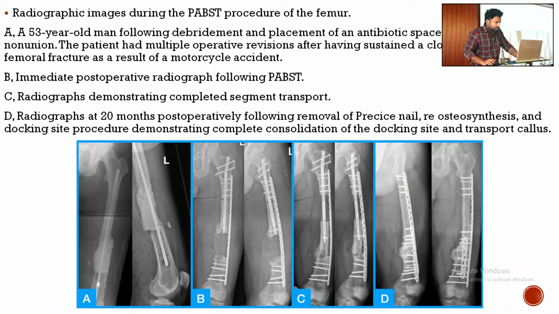There is one more case: a 53-year-old man following debridement and placement of an antibiotic spacer for septic non-union. The patient had multiple operative revisions after having sustained a closed comminuted femoral fracture, sir.